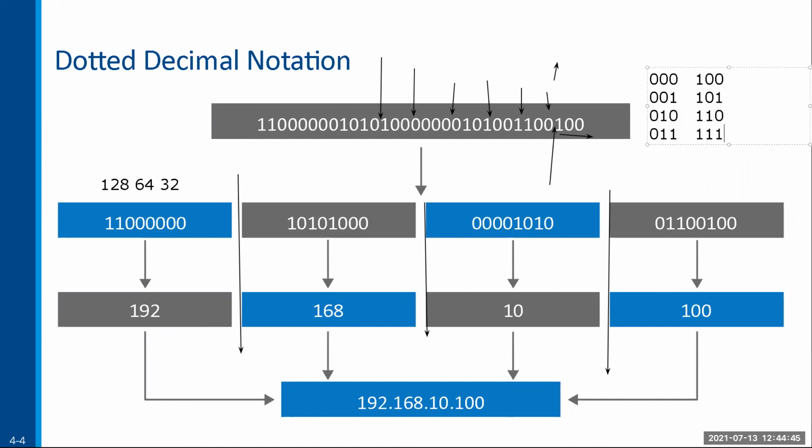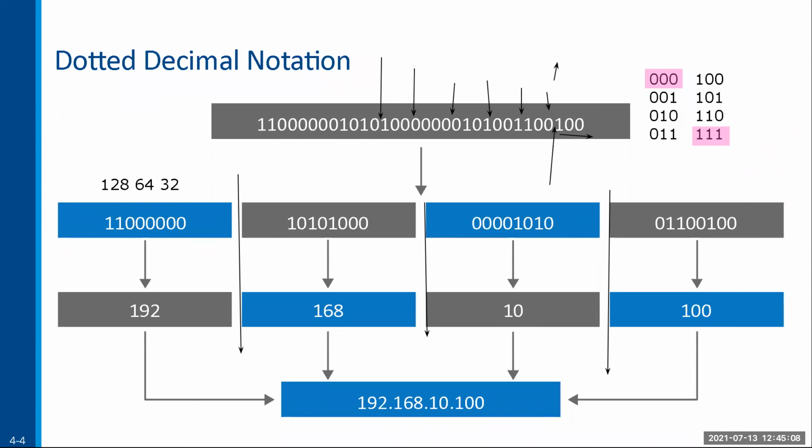And that's not quite true either. It turns out that I cannot ever assign a host a value of 0, 0, 0 or 1, 1, 1. Those 2 addresses are reserved.